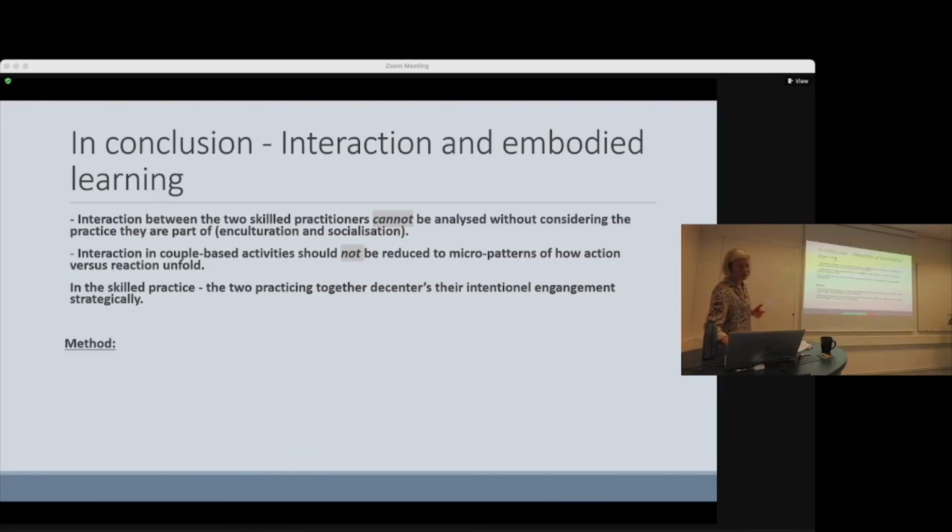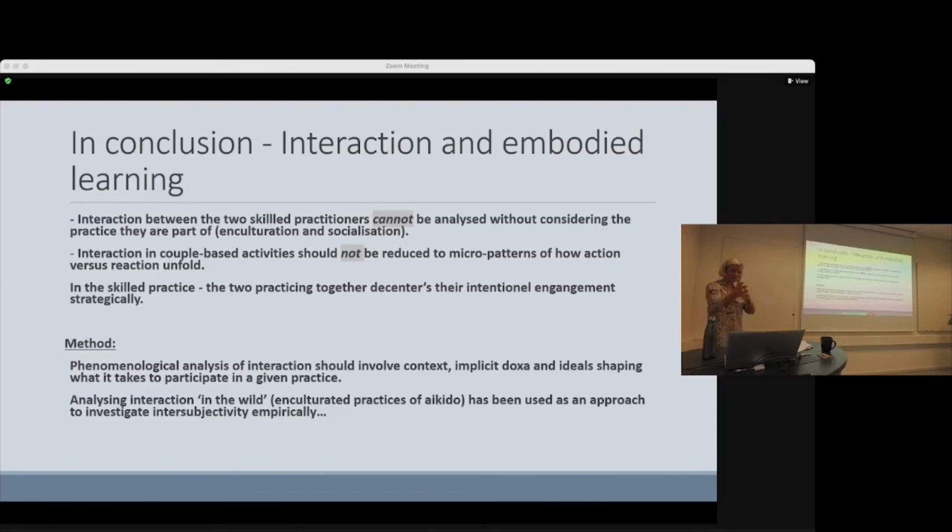Method: I added this also because I know some of you are working differently. For me this is phenomenology, so this is important. Phenomenological analysis of interaction should involve context, the implicit doxa and ideals shaping what it takes to participate in a given practice. So it's another way of framing this one.